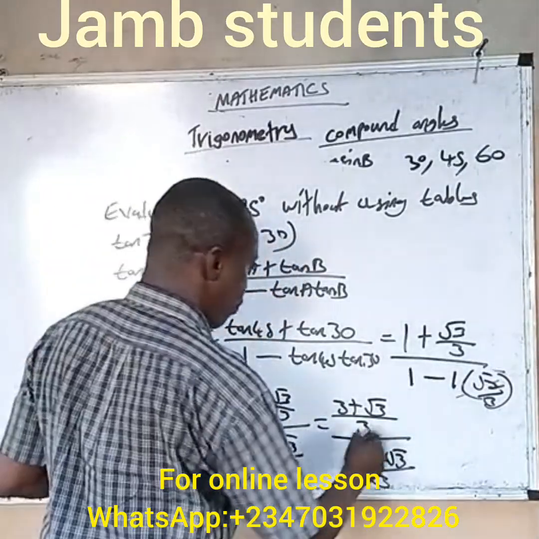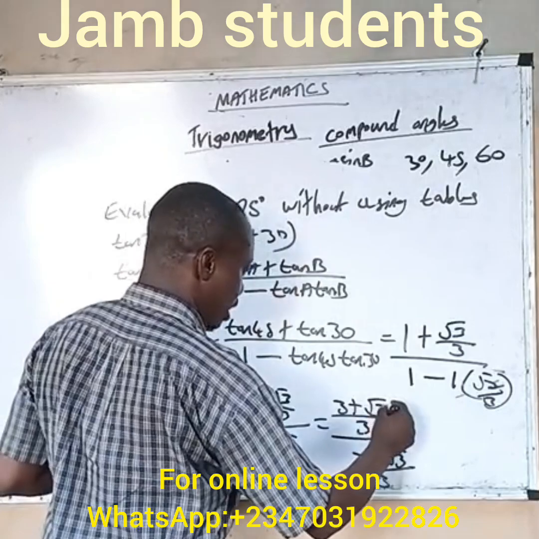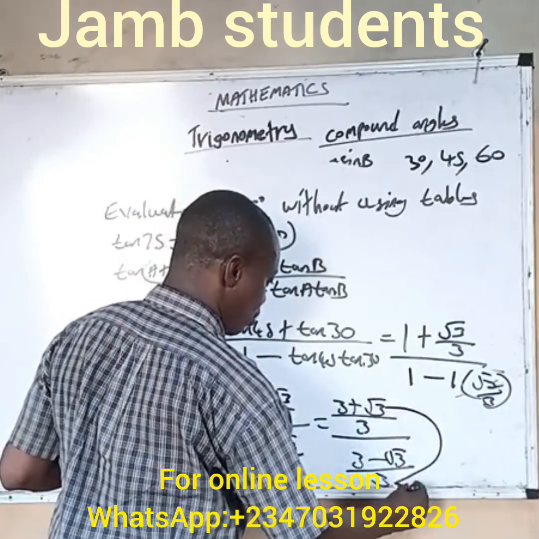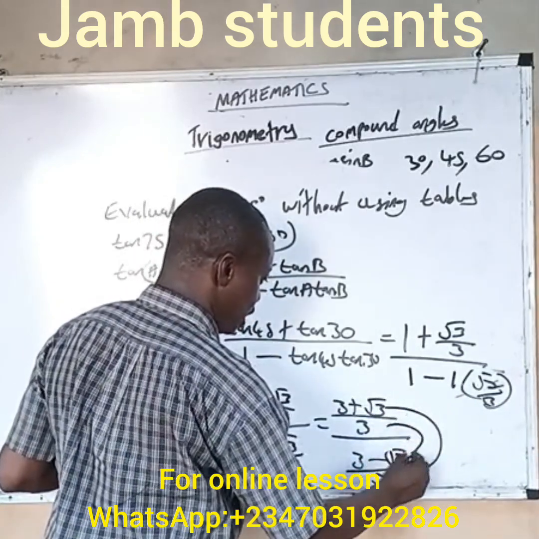So far to far, near to near, we simplify. That means these two, they are far from each other, they will multiply each other. Far to far over near to near.